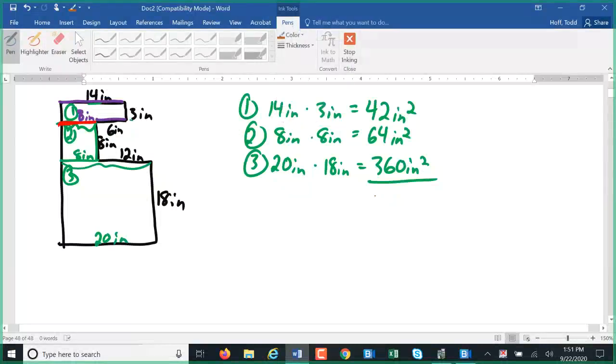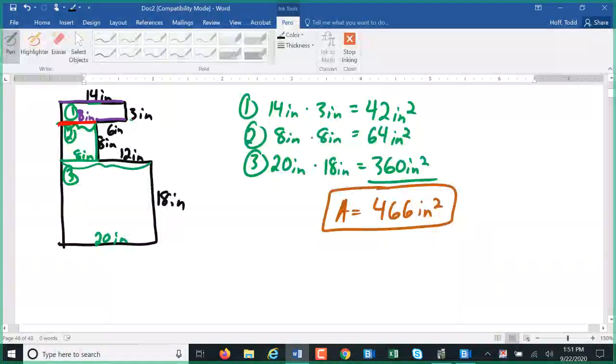We add all those up, we get 466 square inches as our area. So that one I think is definitely easier to cut it into smaller rectangles and add them up. Trying to do a big rectangle, then figuring out what's the area of this missing part would be kind of confusing.